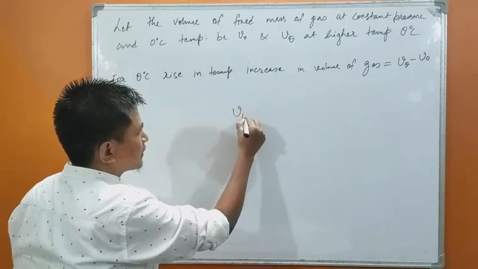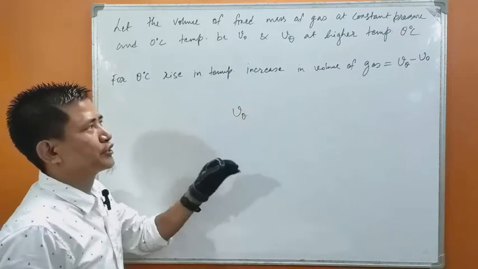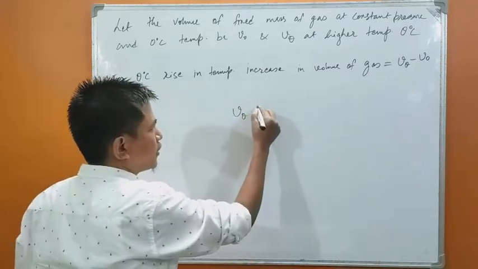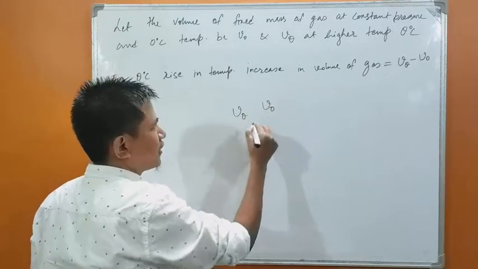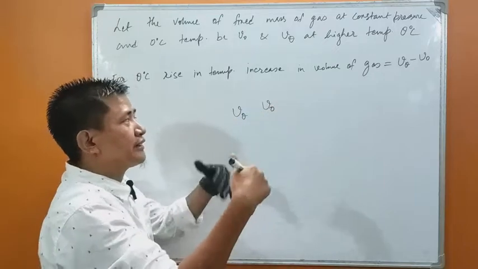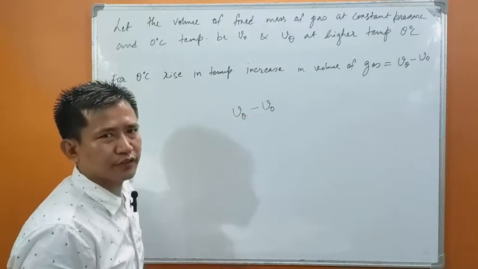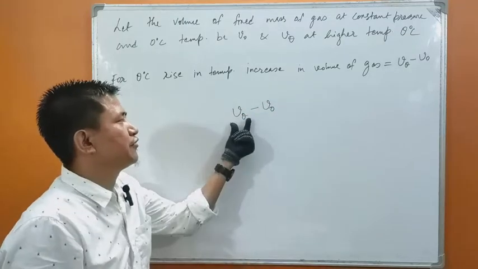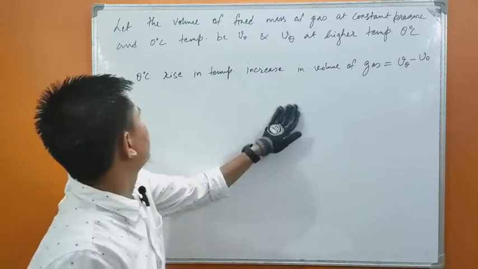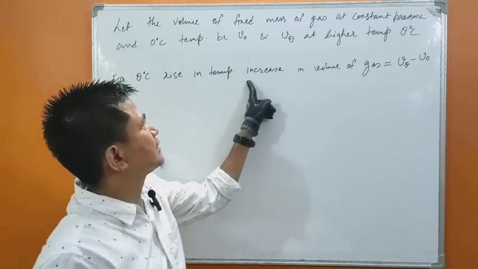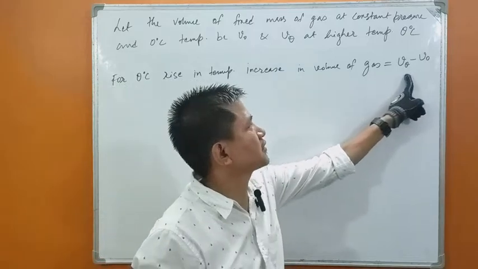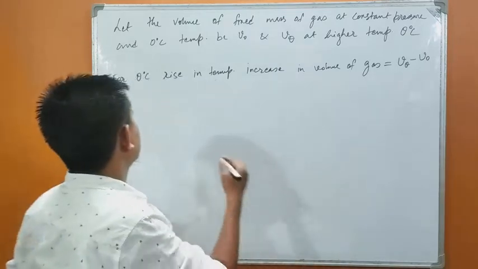New volume is V theta at temperature theta degrees Celsius, and original volume was V naught at 0 degrees Celsius. So the increase in volume is new volume minus original volume. So for theta degrees Celsius rise in temperature, increase in volume of the gas is V theta minus V naught.